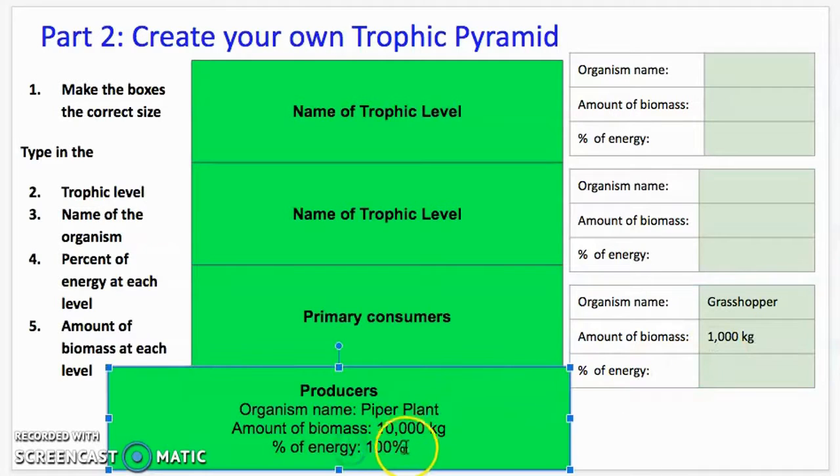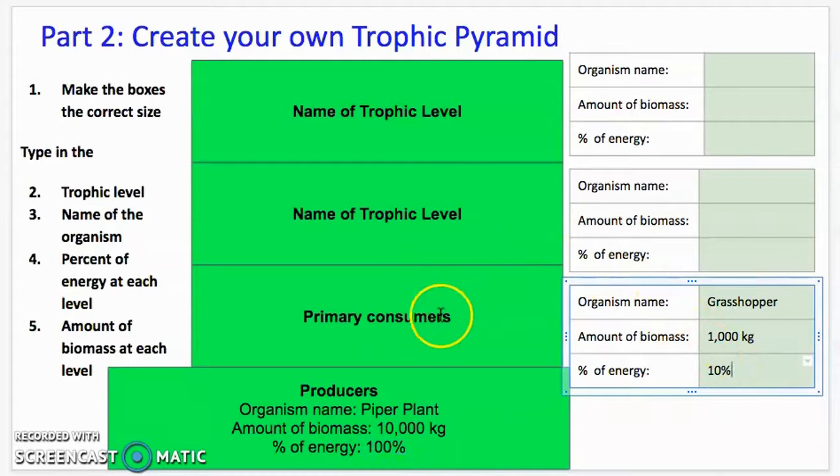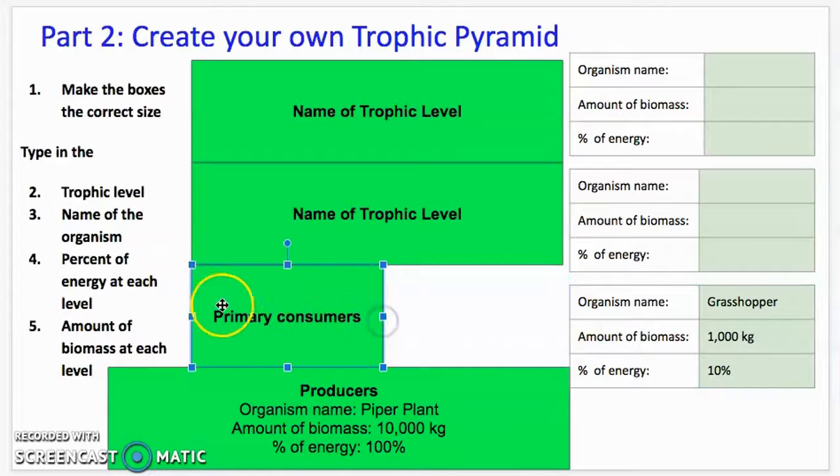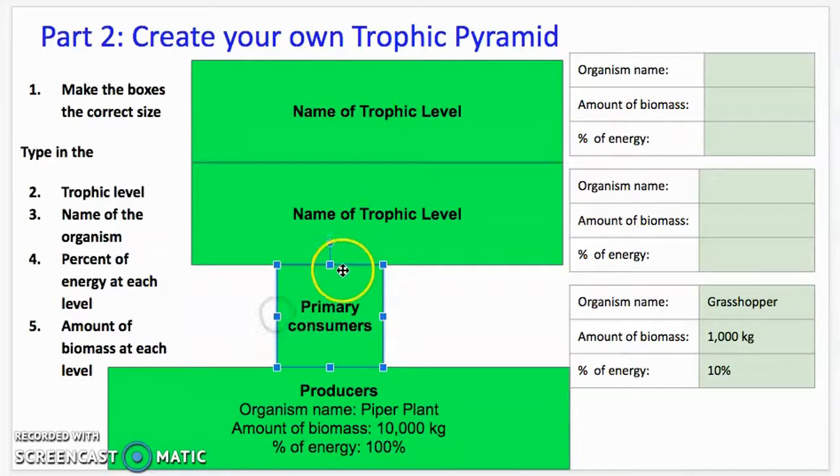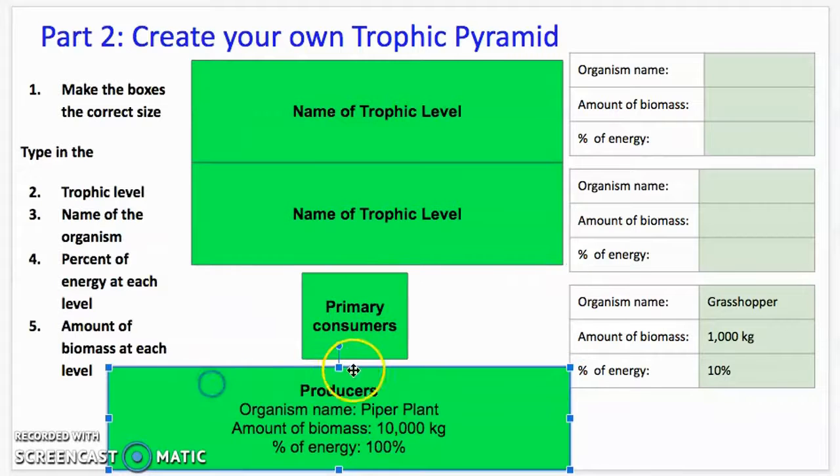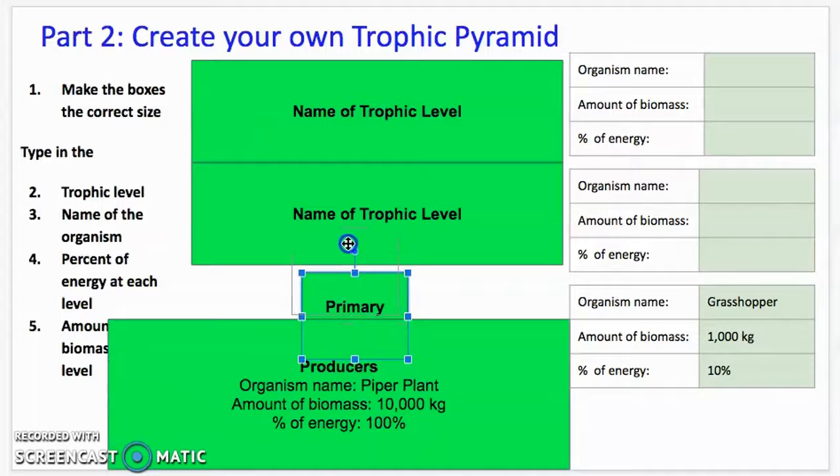The amount of energy at the producer level was 100%. The percent goes down by 10%, so my amount of energy is going to be just 10%. Now this box should also be a tenth the size of the one above it. So to make it a tenth the size, I'm going to make this box quite a bit smaller, and this box is going to get even bigger.